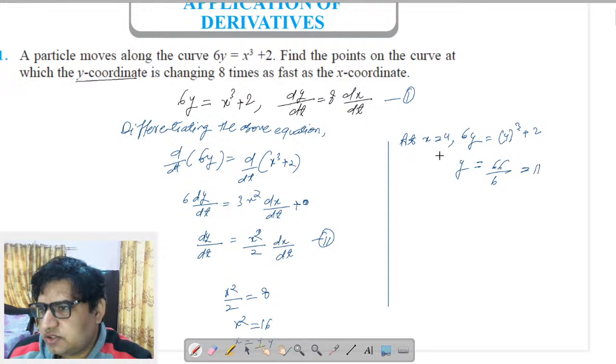So at x = 4, y is 11. So one of the points is x = 4 and y = 11. And let's try to find the other point.